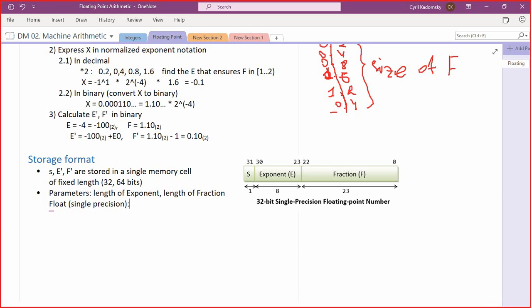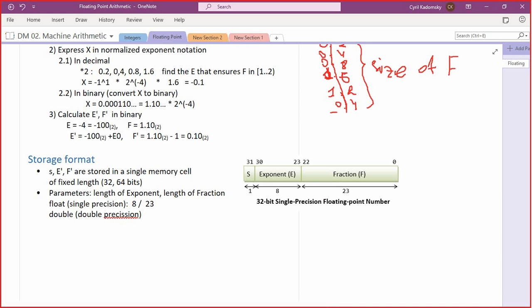It will use 8 bits for exponent and 23 for fraction. For example, there is also the double type. Maybe you heard about such a type already in programming.